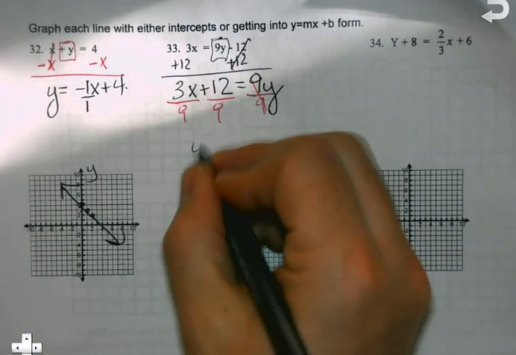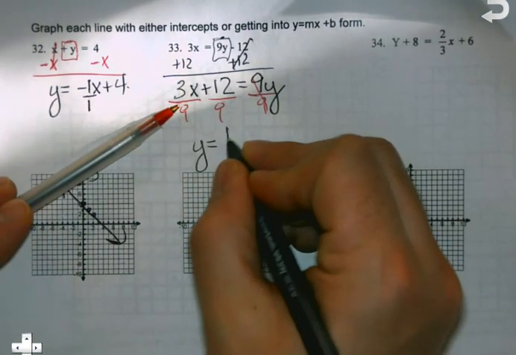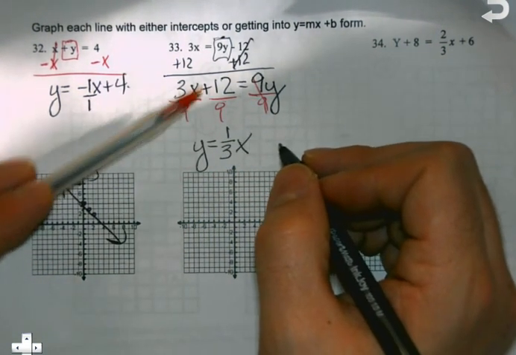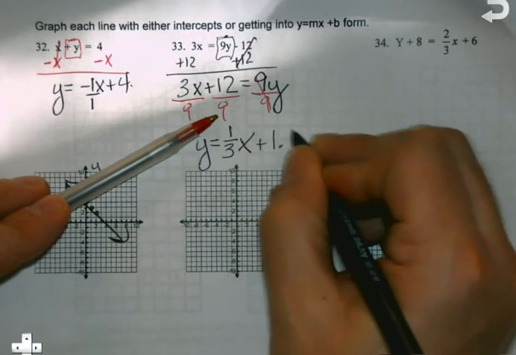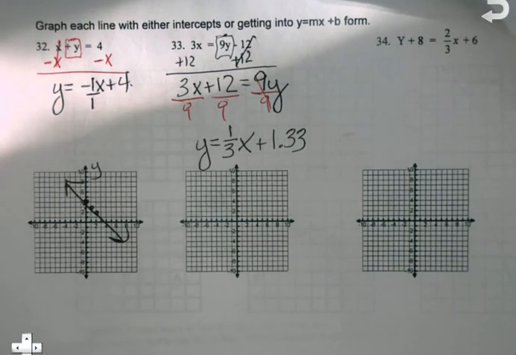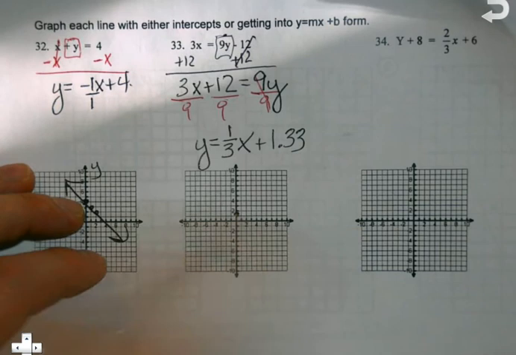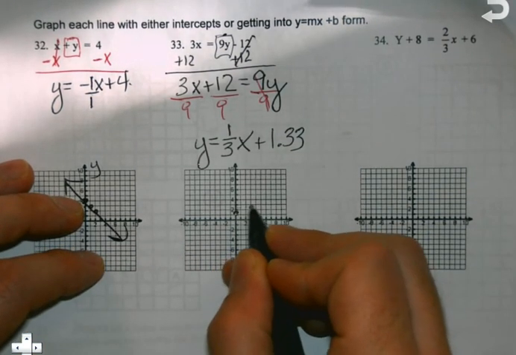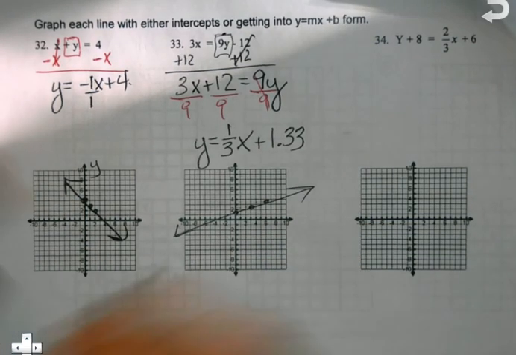If I reduce 3 over 9, we reduce to 1/3, because 3 over 9 might be tricky to get on the graph. If you punch in 12 over 9 into your calculator, it's 4/3 or 1.333333. For your intercept, that might be an easier thing to have. So it's just a little above 1. And then up 1 and right 3.